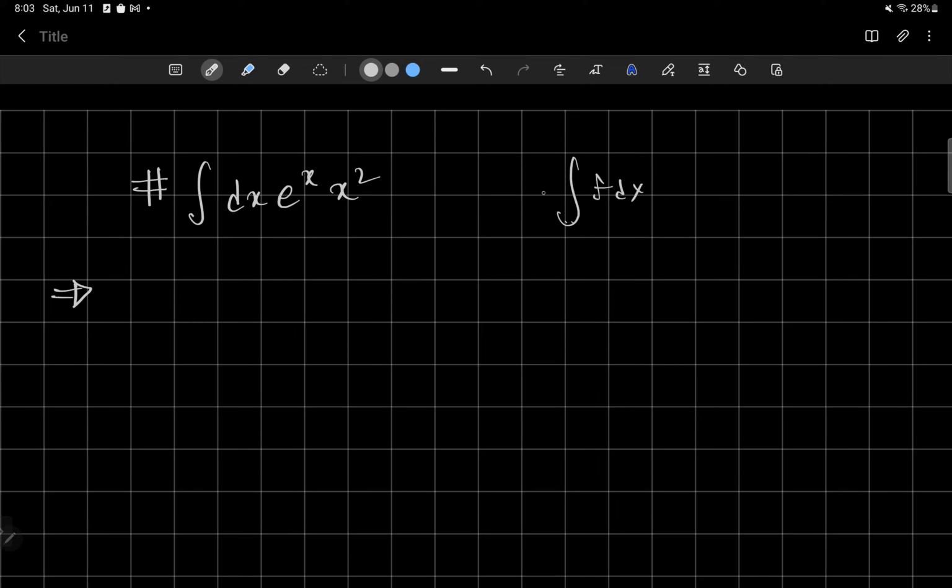But then what happens is that in integration by parts, you have something like this, some g over there, and then you have some dg/dx, and you integrate this whole thing. If you differentiate e to the power x, it just stays e to the power x. If you integrate x squared first, you'll have x cubed by 3 times e to the power x, then differentiate e to the power x.